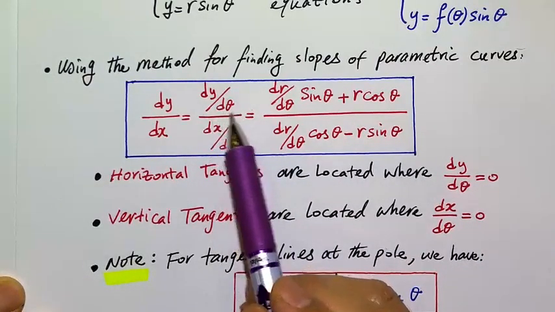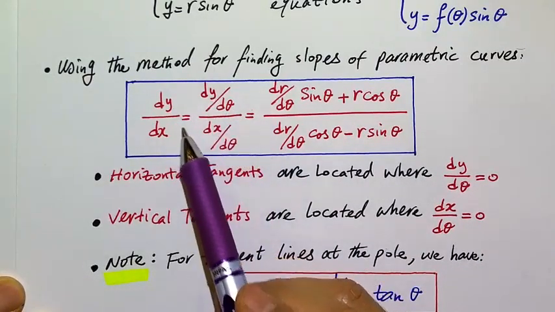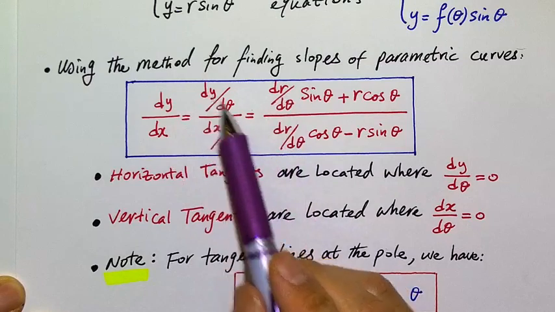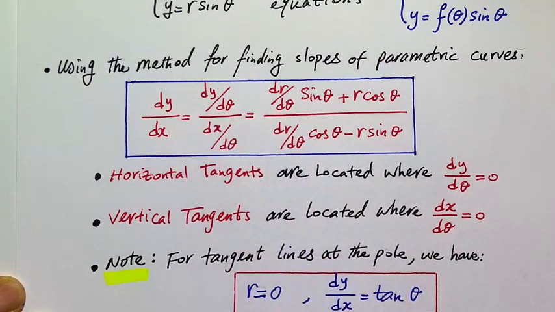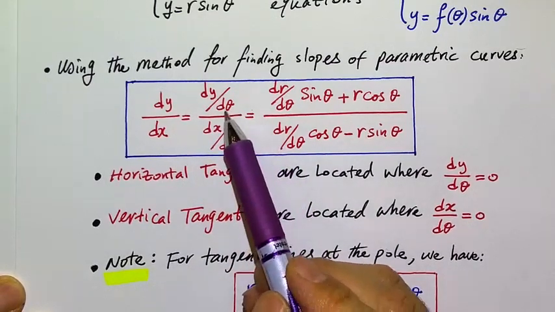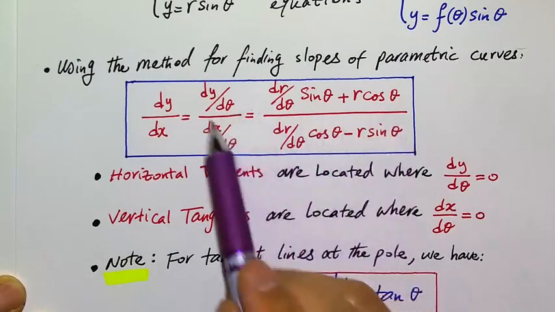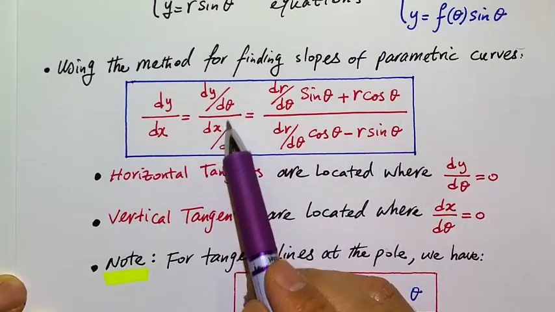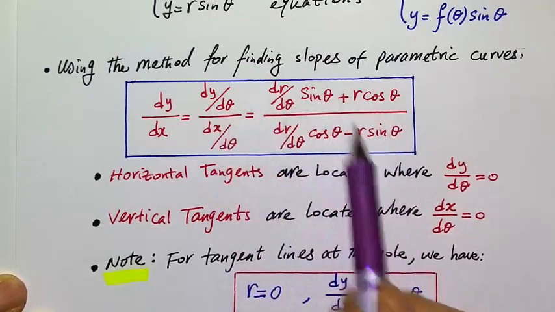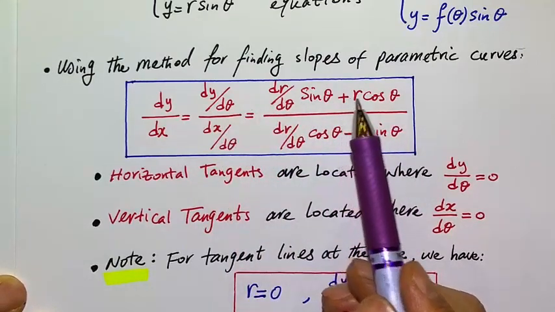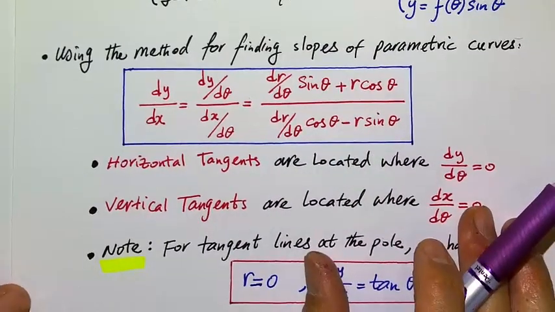But now, instead of saying dy dt, which is what we did in the previous section, we say dy d theta. That is one subtle difference.